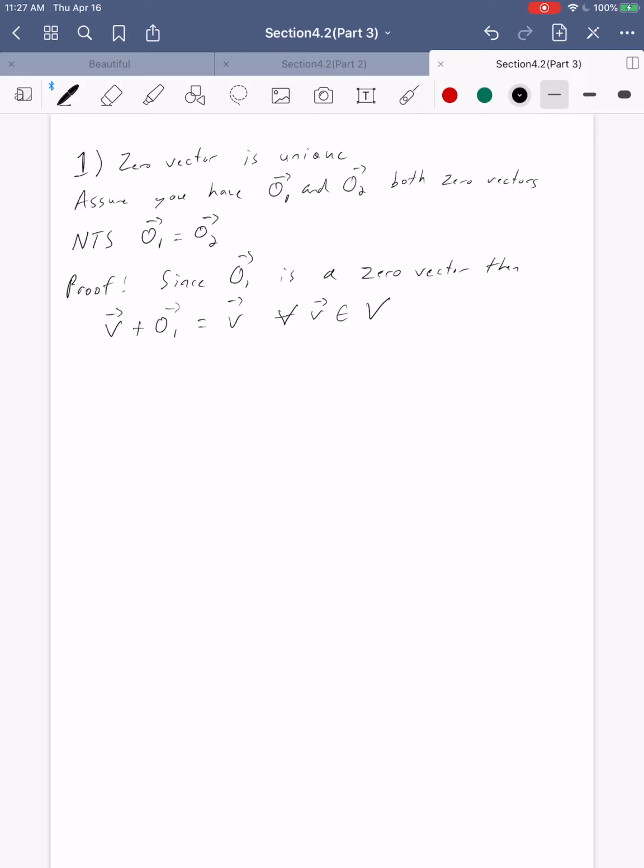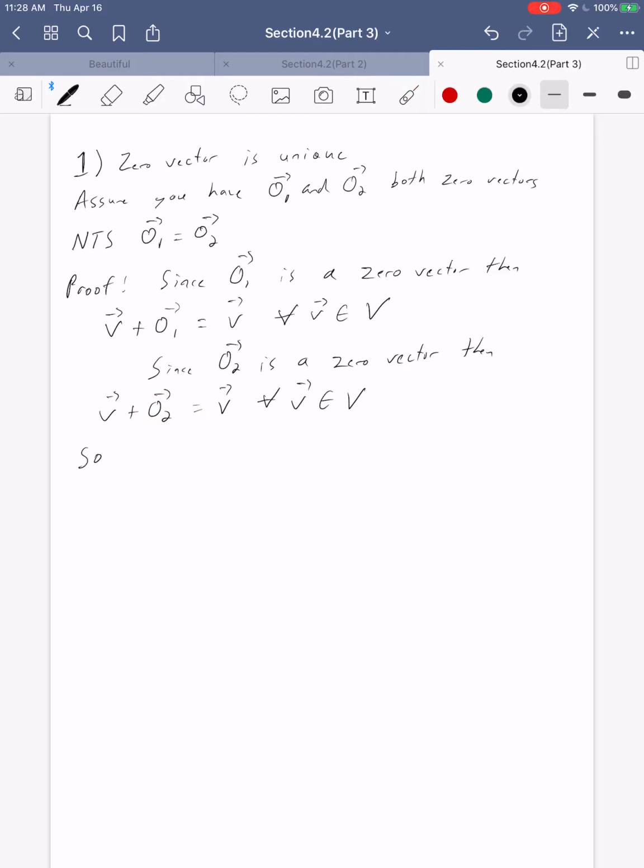That's the definition of being a 0 vector: when you take a vector and add it to the 0 vector, you get that same vector back. Since 0_2 is a 0 vector, then v plus 0_2 equals v for all v in V. That's the same definition, just saying that 0_2 is supposed to be a 0 vector.